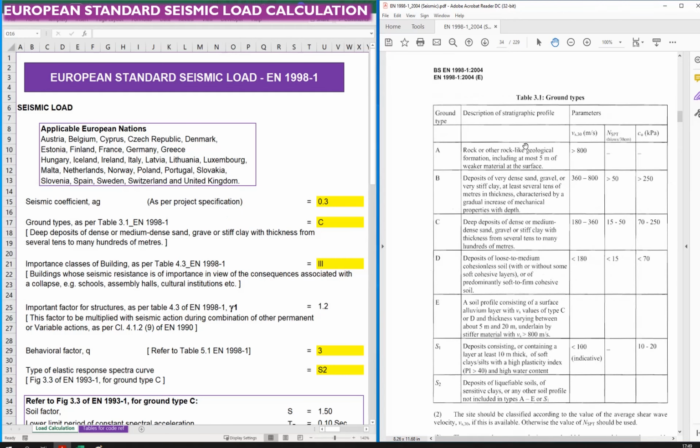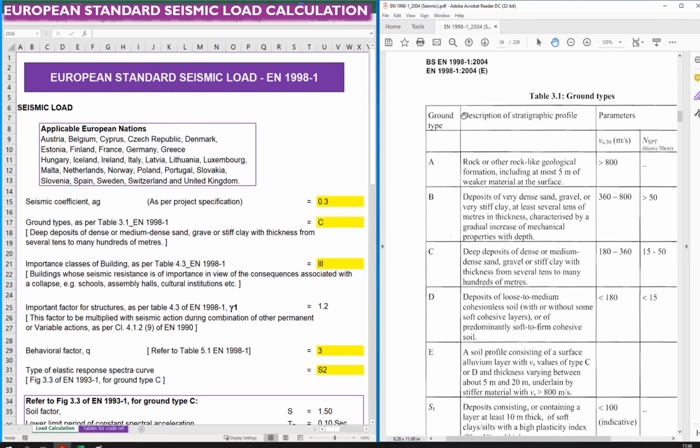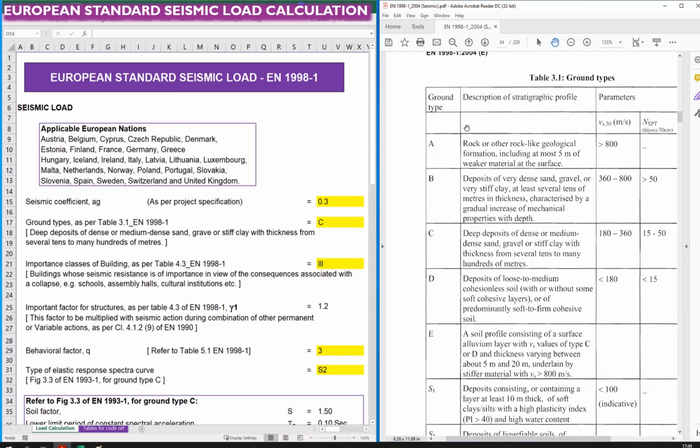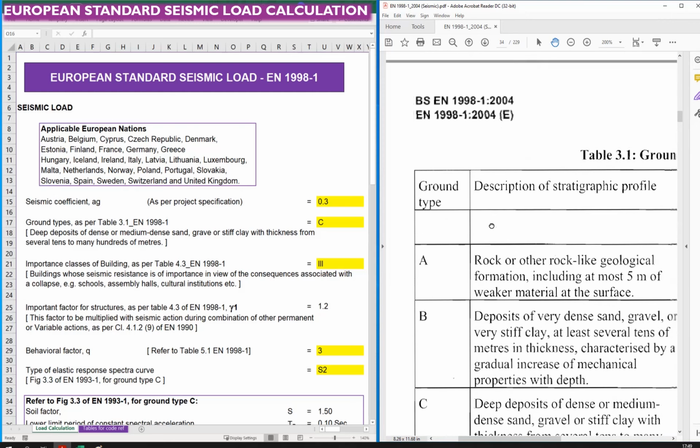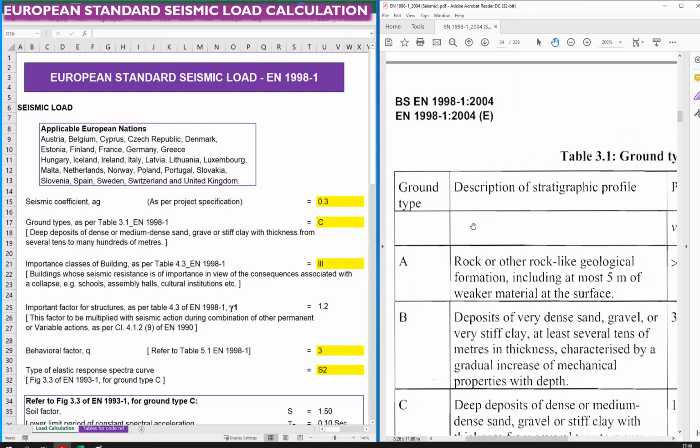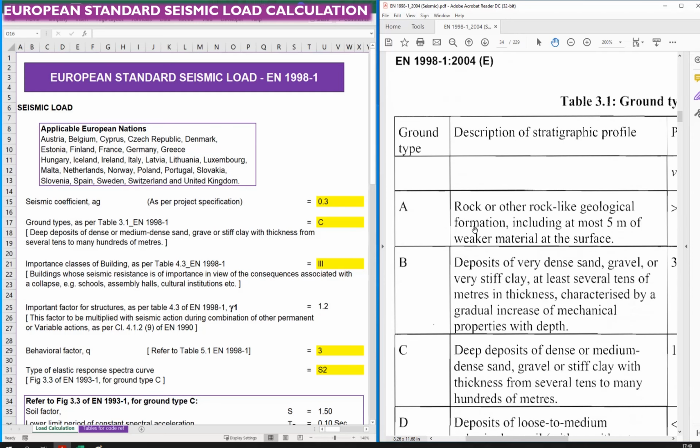This Table 3.1 gives you 7 ground types. The first ground type A means the description states a rock or other rock-like geological formation including at most 5 meters of weaker material at the surface.